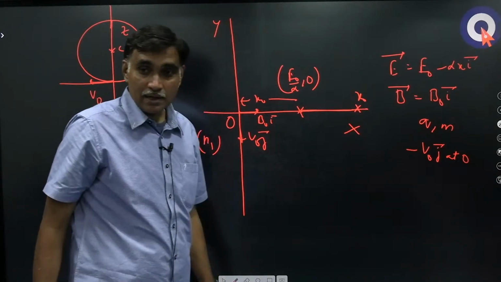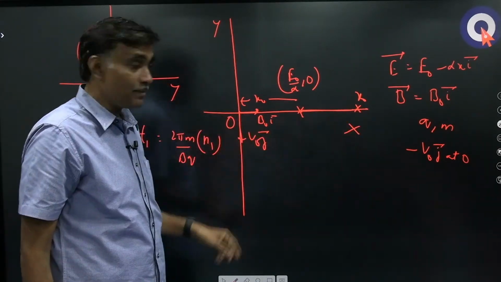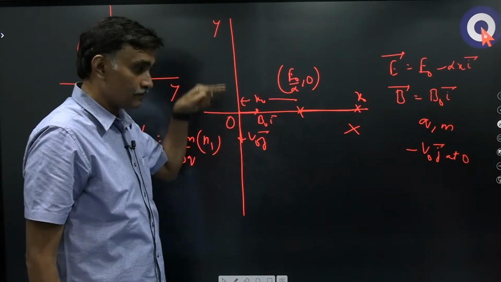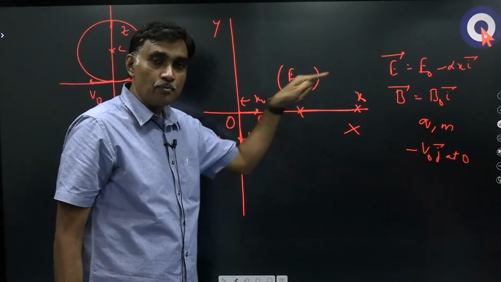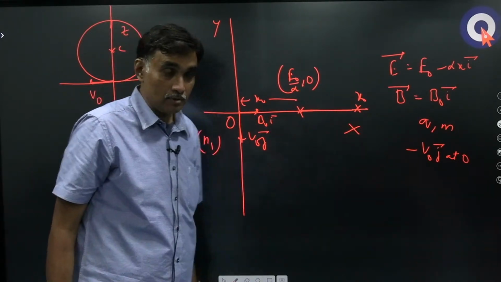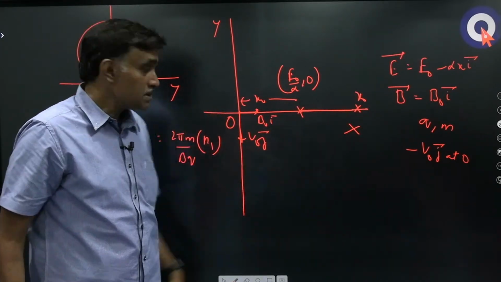Because of the electric field, its motion is oscillatory along the x-axis, and because of the magnetic field, it moves in a circle like this. So the combined motion is a helical path, though with non-uniform pitch. What is the time period?